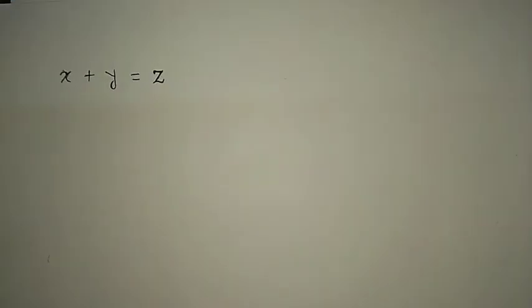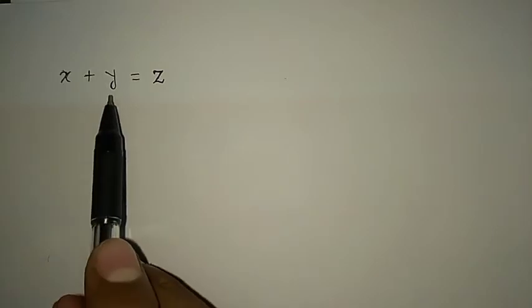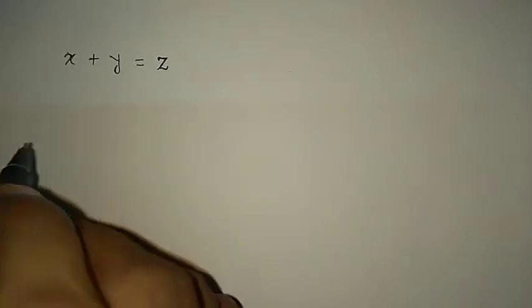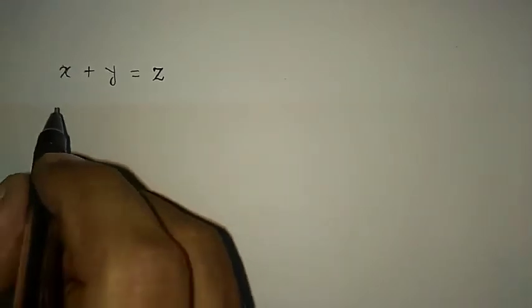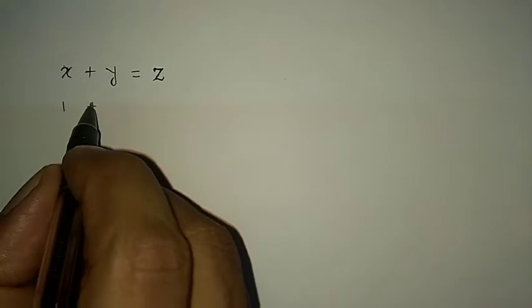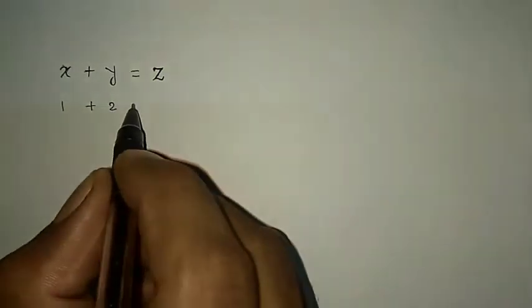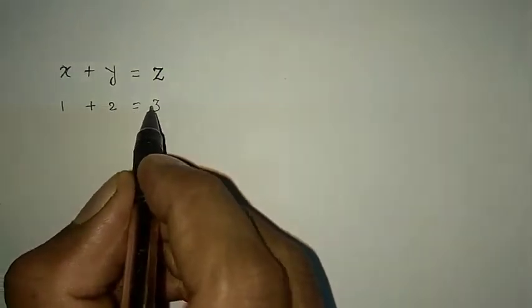So students, I have an equation here, that is x plus y equal to z. Can you suggest any solution for it? Solution means values of x, y and z which will satisfy the given equation. There are many solutions. For example, I can write here 1 plus 2 equal to 3.